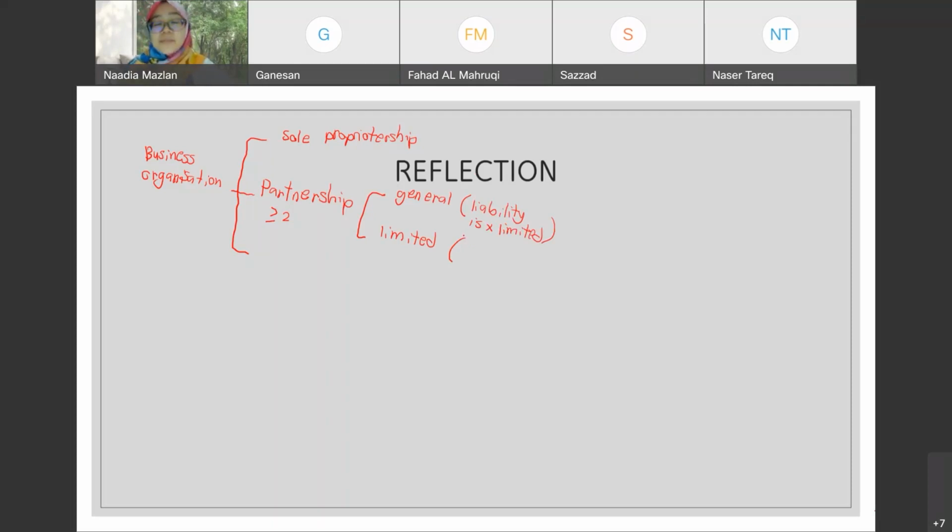That is correct. In a general partnership, if one of the partners dies or doesn't want to be a partner anymore, the partnership needs to be dissolved. However, in limited, we don't need it to be dissolved.